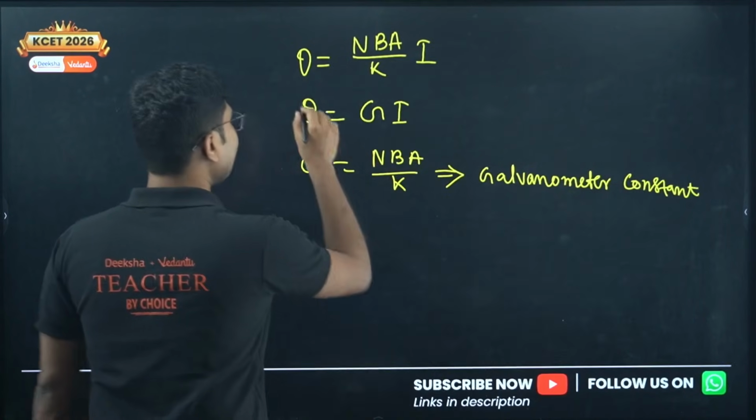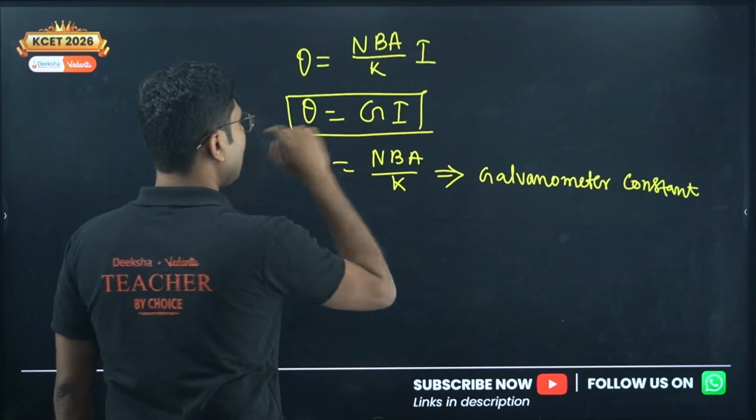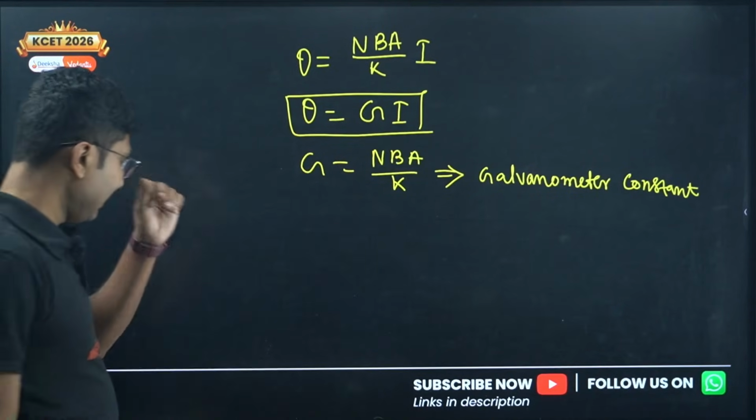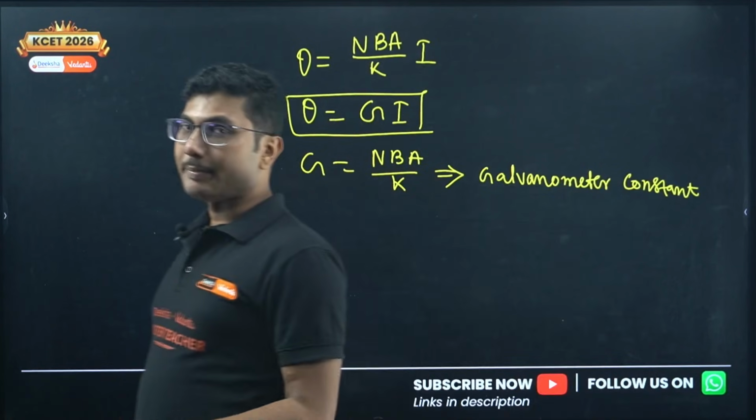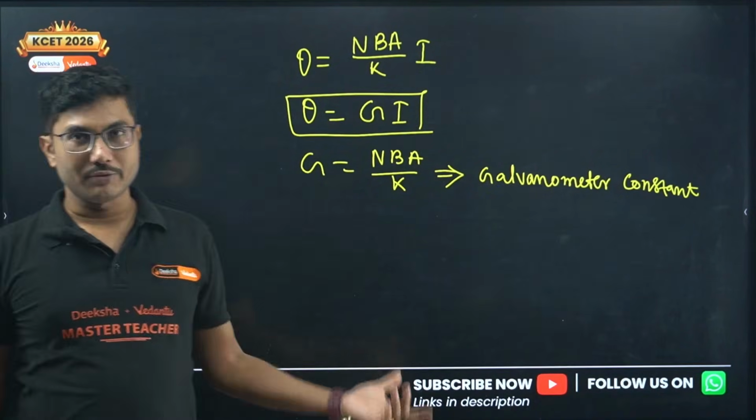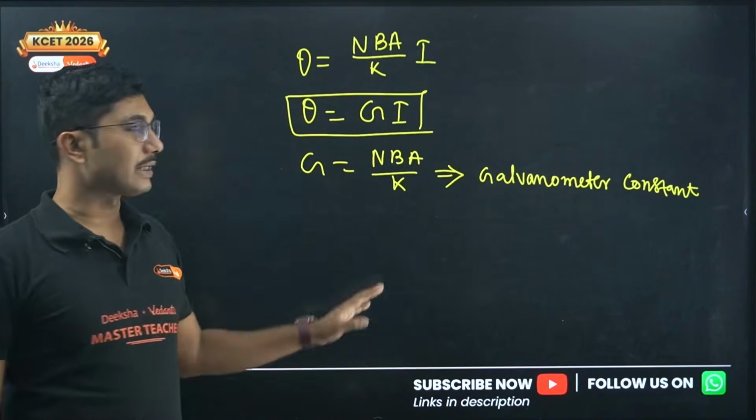Very simple and easy derivation, nothing much. Theta is proportional to the current, so the more current passing through the galvanometer, the more deflection it will give. So this is the simple and easy derivation.